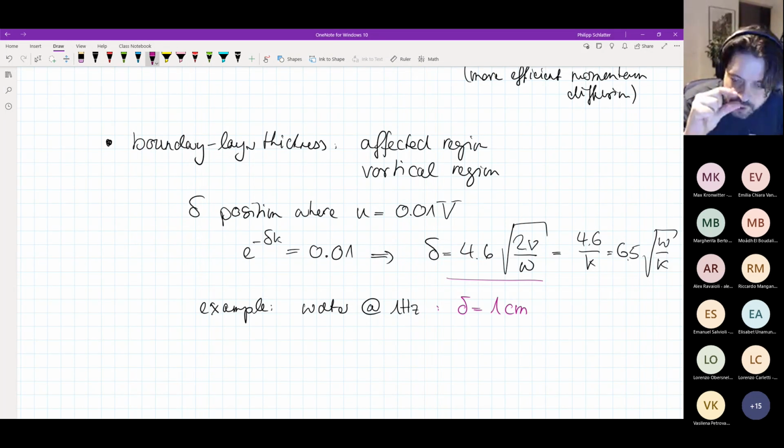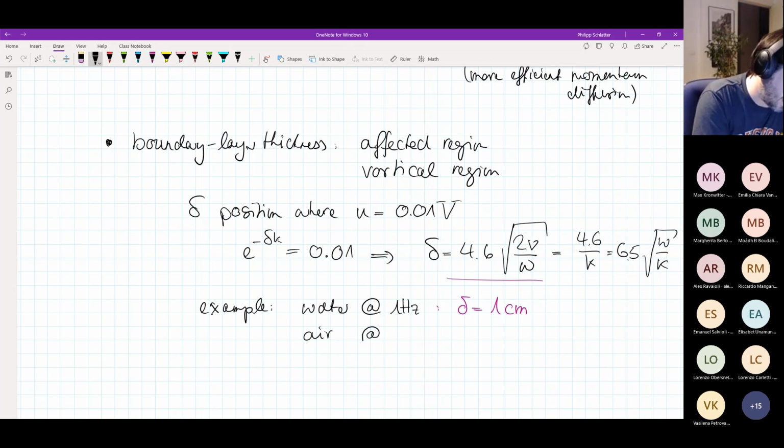And above that, your velocity has already dropped by more than a factor of 100. I thought it would be much thicker, but it's actually quite small, which also means that momentum diffusion with this oscillation is not a good way if you want to affect the whole domain.